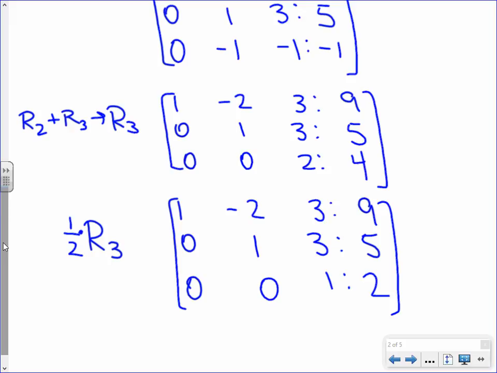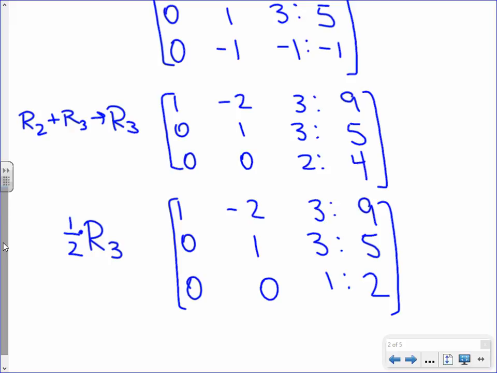Okay, so that's a good question. If you have 3 variables, but you only had 2 equations, we call that inconsistent. There's not enough information for us to solve. We would not be able to put that into row echelon form. You could manufacture a 3rd equation, but it wouldn't help you solve it.